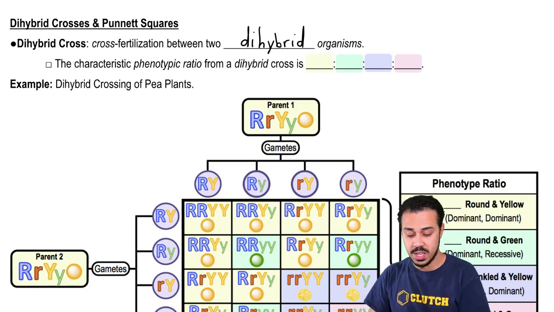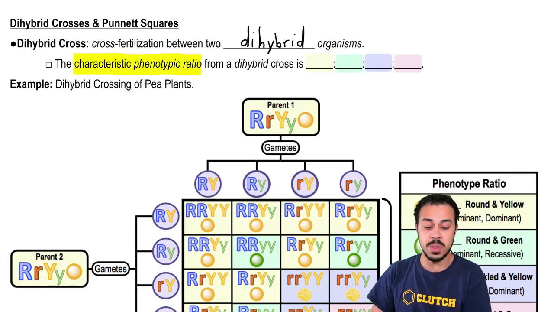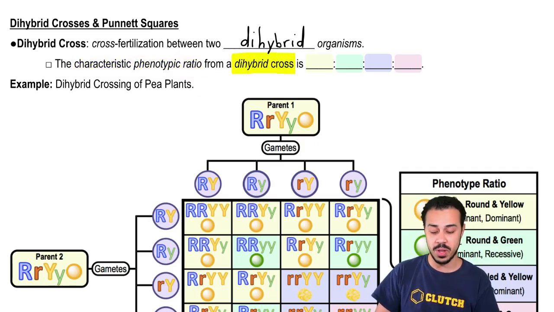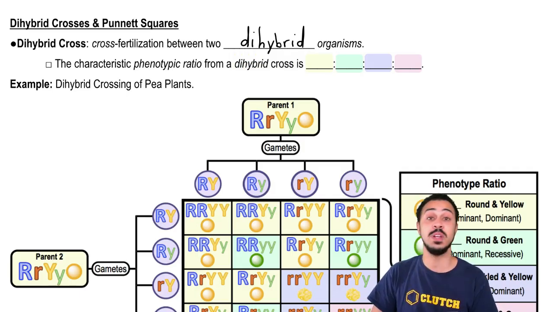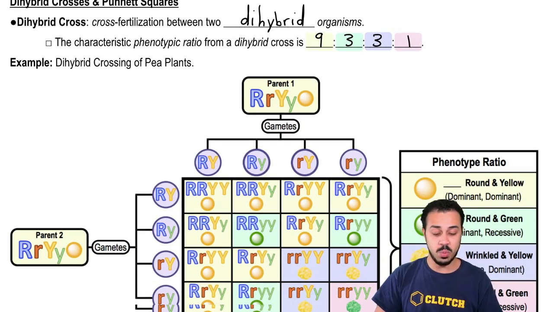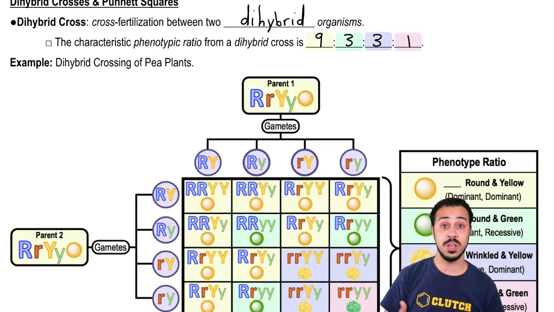There is a very characteristic phenotypic ratio for dihybrid crosses that you should all be familiar with, and that characteristic phenotypic ratio is 9 to 3 to 3 to 1. We'll get some clarity on that once we get to our image down below.